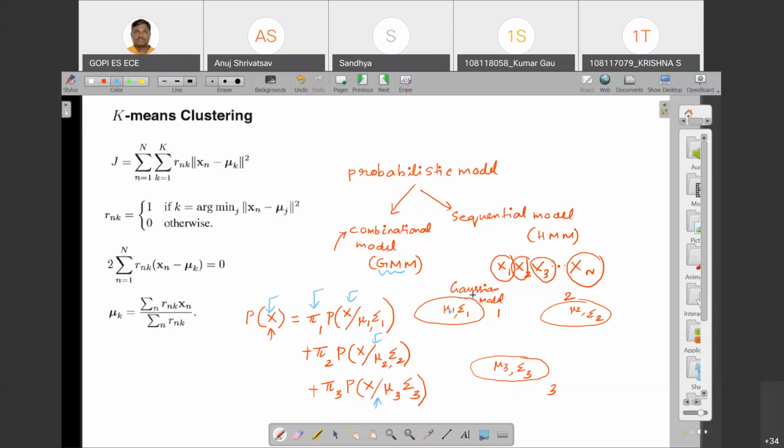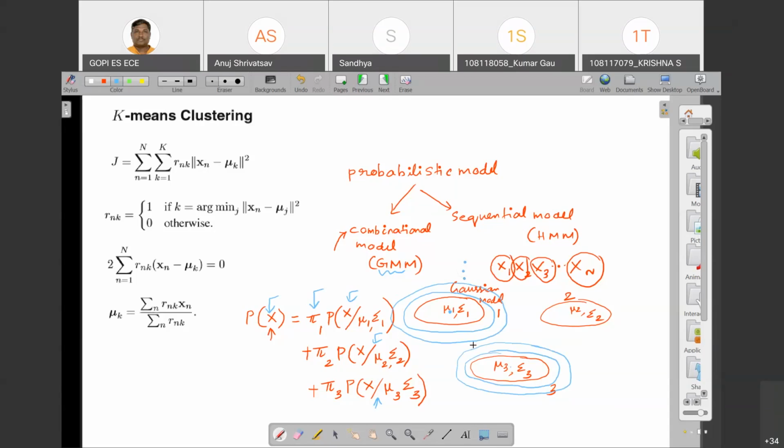So this ellipse is not actually stopping here. This is just a representation of the Gaussian density function, but we have to keep on drawing this ellipse, and it goes only to infinity. And here also we have an ellipse like this, only the mean is different, and it also goes up to infinity.